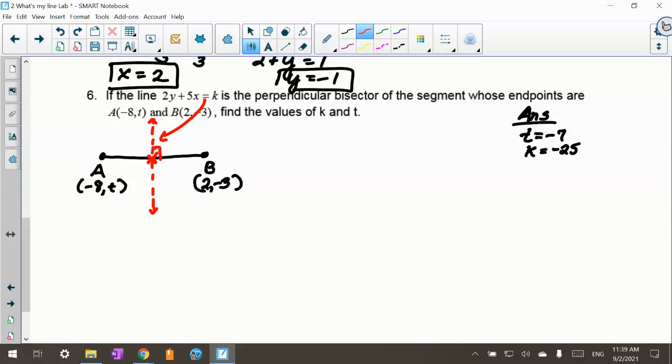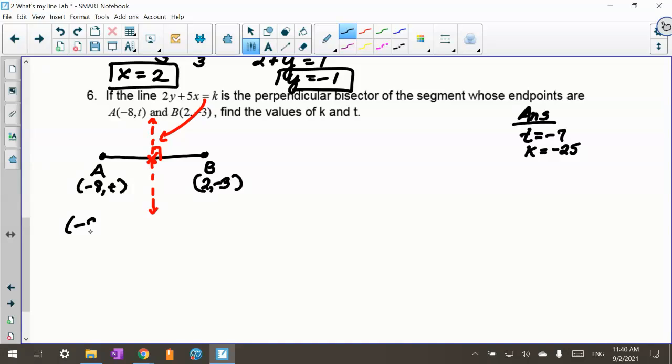So 2y plus 5x equals k is that. I'm like, where am I going to start? Okay. So the first thing I did is I'm going to find the slope of this line segment to see maybe that'll help me. So the slope of line segment AB. And let's stack and rack these points too. I like them stacked and racked. I just do better.